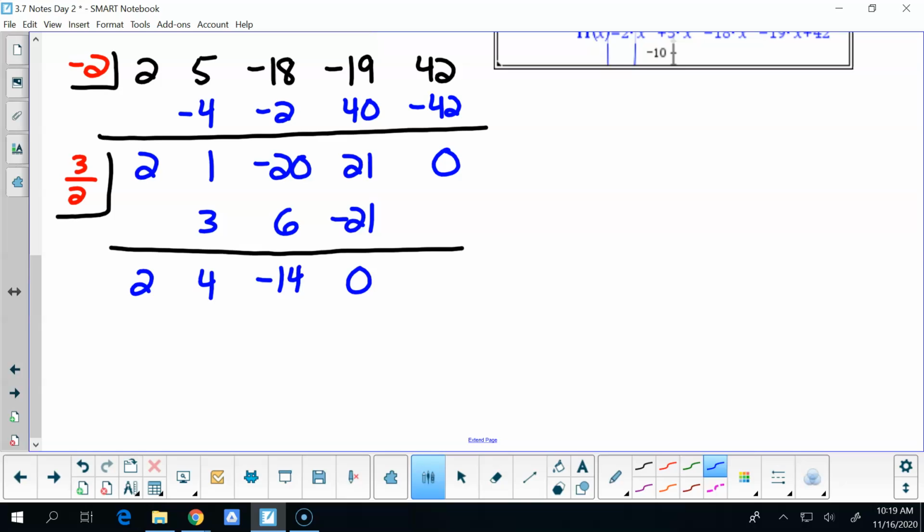So my original function, f of x, now becomes, based off of that -2, an x plus 2 right there. Based off of this 3/2, that becomes an x minus 3/2.